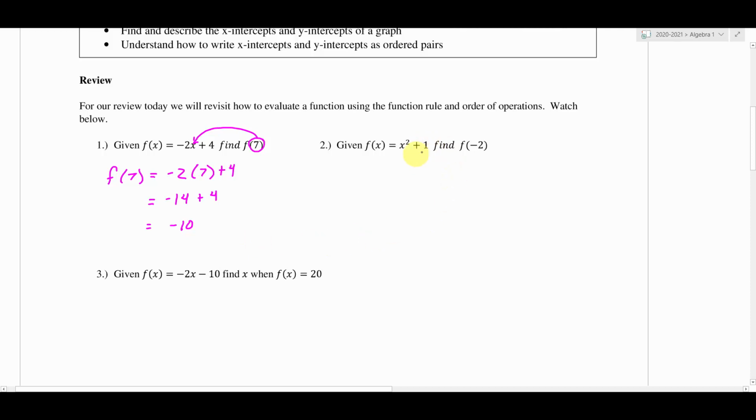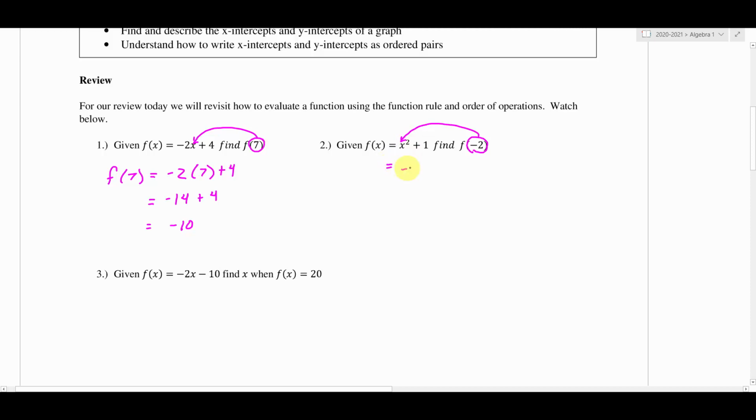All right, let's try it again. We've got another function. It is also called f. The input is going to be x, and this is our rule. Over here they tell us find f of negative 2. Because this is inside of that parentheses, they are telling us what x is. So that negative 2 is going to go in for whatever x we see in the rule.